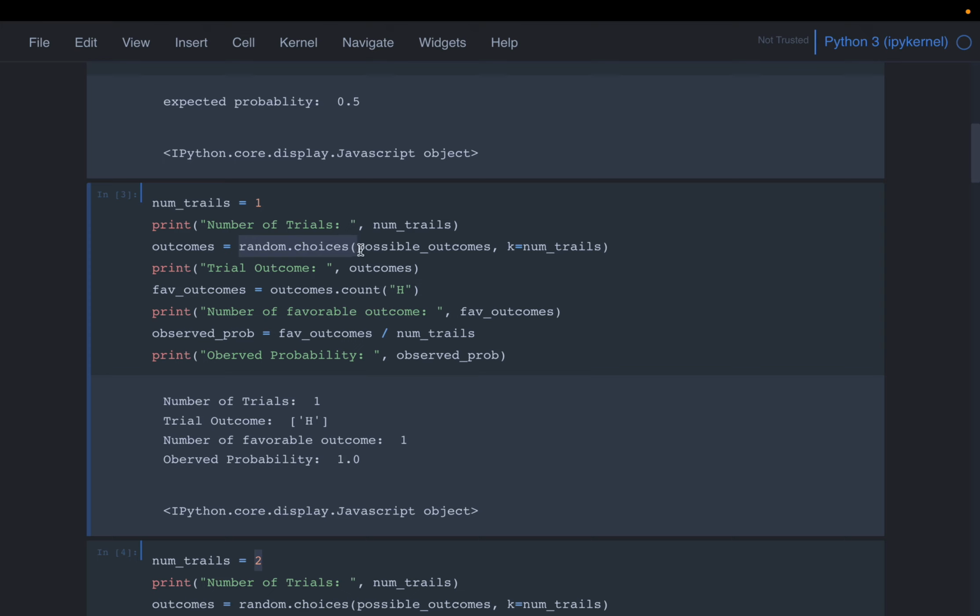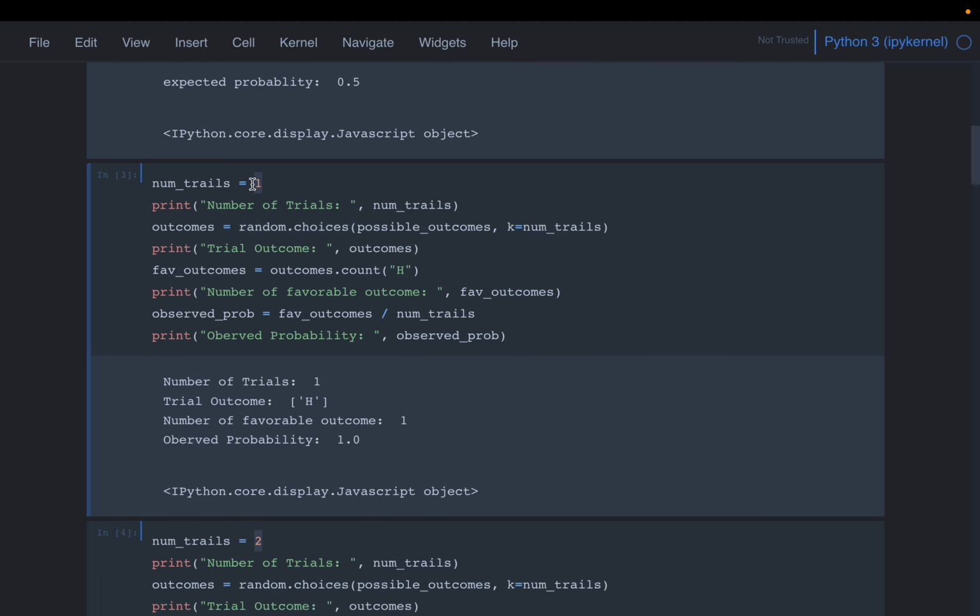We can provide a list of possibilities and it will randomly pick one of them and return it to us. We can also provide a second variable called k. This is the number of trials. First let me explain this function and then we will look at the rest of the code.